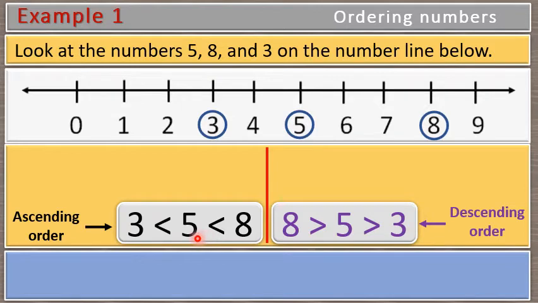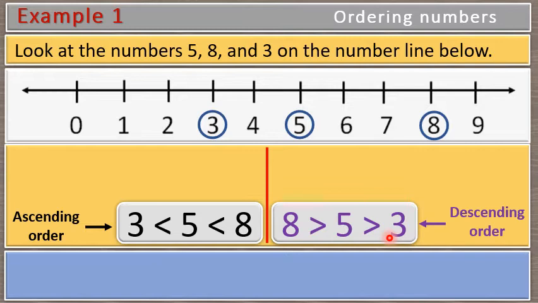And while writing ascending order, we will use the less than symbol between the numbers. And while writing the numbers in descending order, we will use the greater than symbol between the numbers. So this indicates the descending order of numbers.